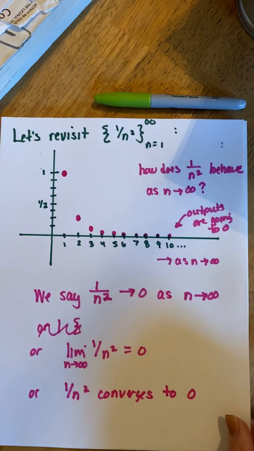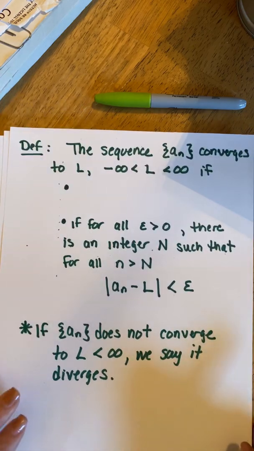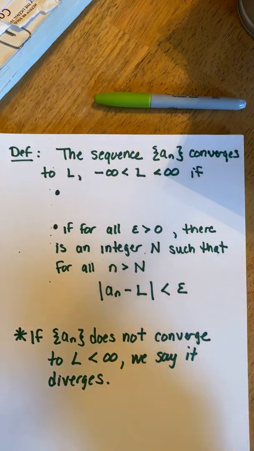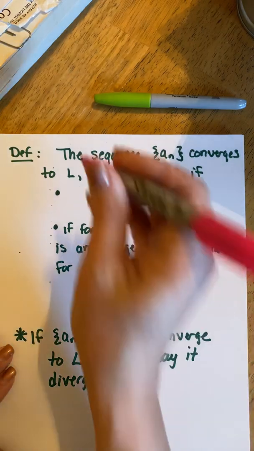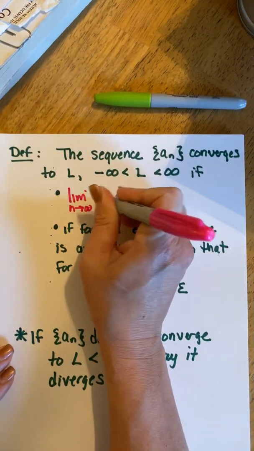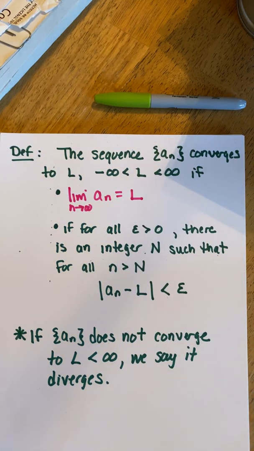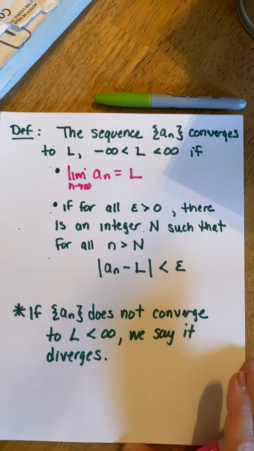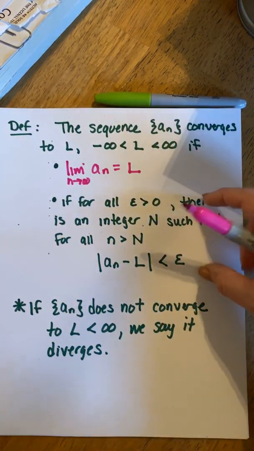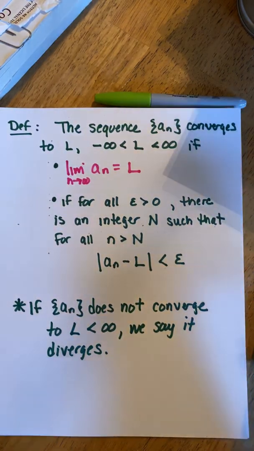So let's formalize this. Okay, a sequence converges to L, where L is a finite number, if the limit as n goes to infinity of a n equals L. Now more formally, and I'll let you read this in your book, but typically we don't need to focus on this definition of a limit unless you plan on keep going on in your math studies.